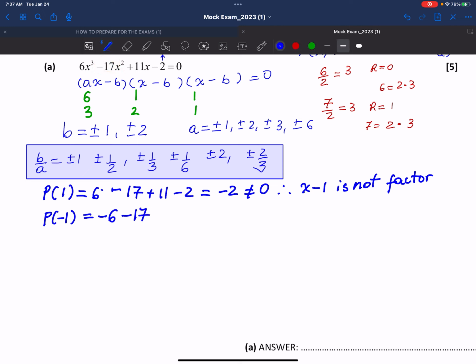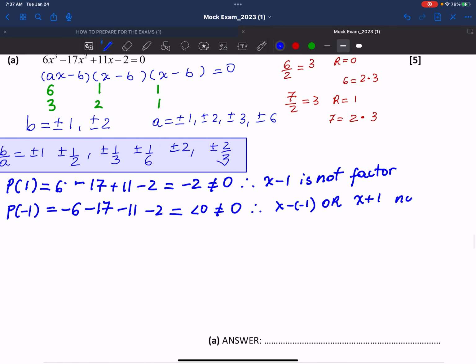And then 11 times negative 1 is negative 11, and minus 2. Without really having to evaluate this, you can tell that you're going to end up with some negative number which is different than 0. So therefore, x minus negative 1, or as we call it, x plus 1, also is not a factor.